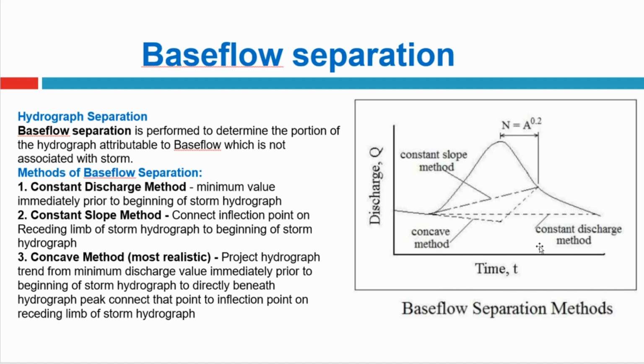At 24 hours you draw a perpendicular to the x-axis and it reaches this point. Okay, so this point will represent the end of direct runoff. This is what this method says. At this point you will have the end of your direct runoff.